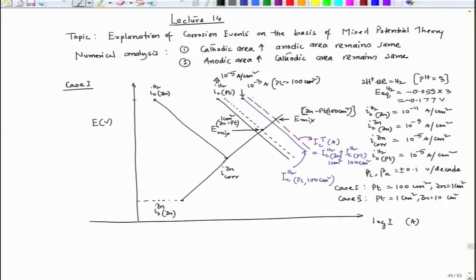Those values: this is 10 to the minus 5 ampere per centimeter square, and this is 10 to the power minus 11 ampere per centimeter square. This is 10 to the minus 9 ampere per centimeter square, and we have already indicated everything, and this value corresponds to minus 0.177 volt.